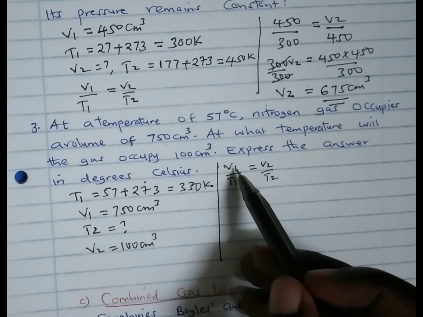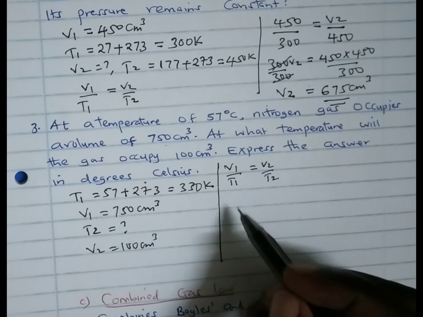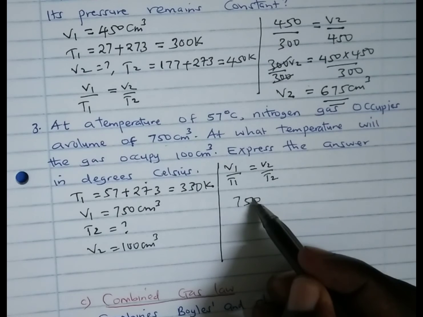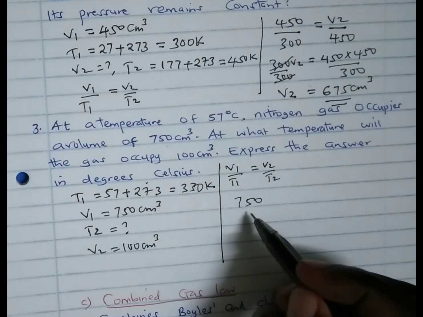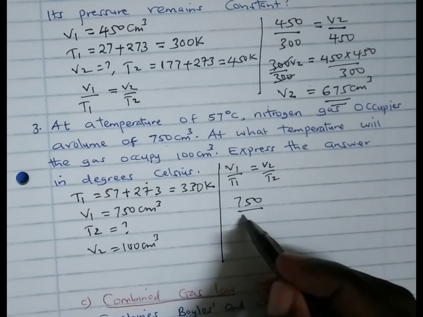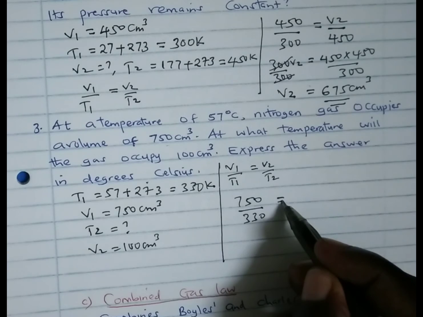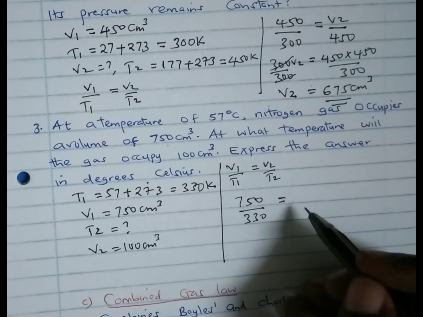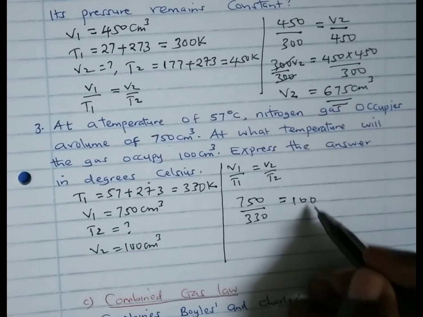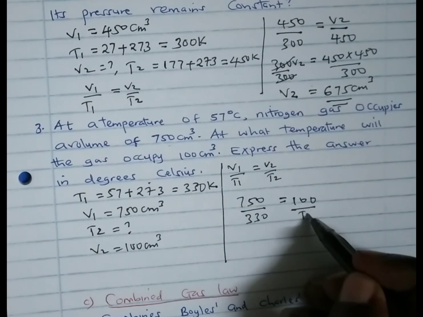Volume 1 is 750 divided by temperature 1 of 330, and this one will give us volume 2, which is 100 divided by temperature 2.